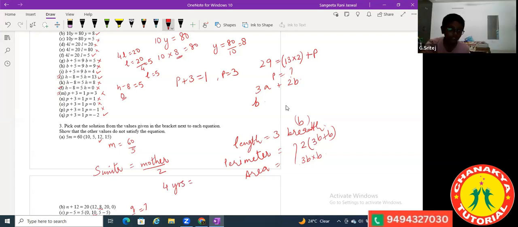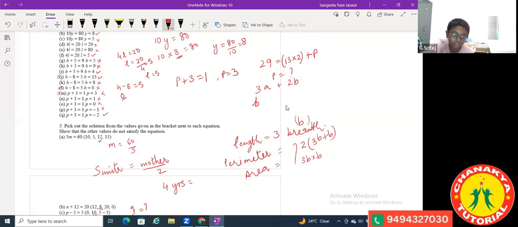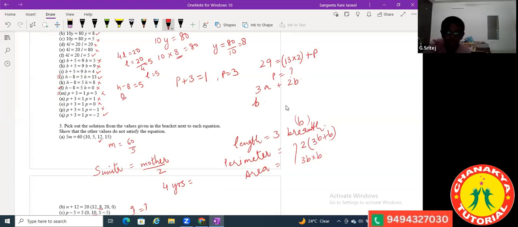Ma'am, suppose her mother's age is x. Since we added 4 years, x plus 4, then divided by 2, as her daughter is half of her age.